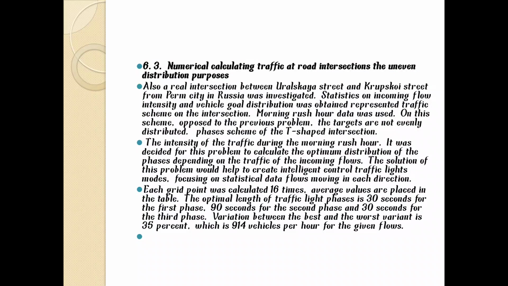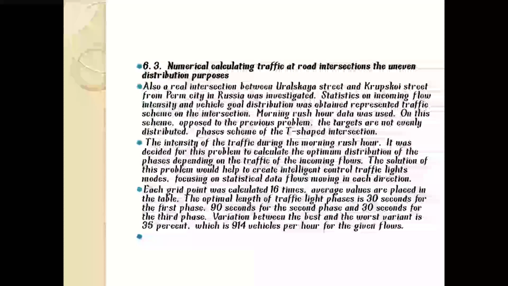Statistics on incoming flow intensity and vehicles' goal distribution were obtained, and a traffic scheme of the intersection was represented. Morning rush hour data was used on this scheme. The targets are not evenly distributed in the phase scheme of the T-shaped intersection, and the intensity of the traffic is high during the morning rush hour.